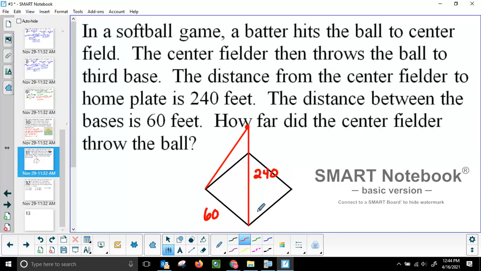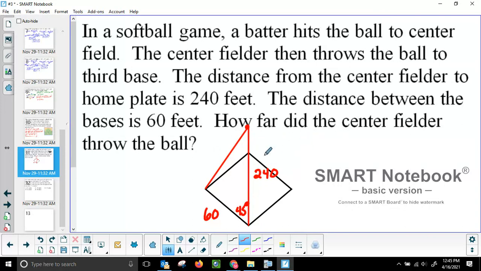Assuming that he is straight into center field, we have to assume that this is 45 degrees. If this is a 90 degree angle, then cut that in half, this is 45. So in order to find this missing side here, we just use law of cosines again. I'm not going to go through all of this.